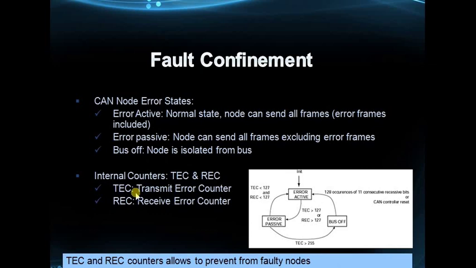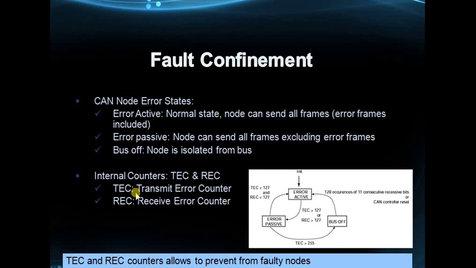If both the counter values, the transmit error count and the receive error count, are less than 127, then the CAN node will be an error active node.